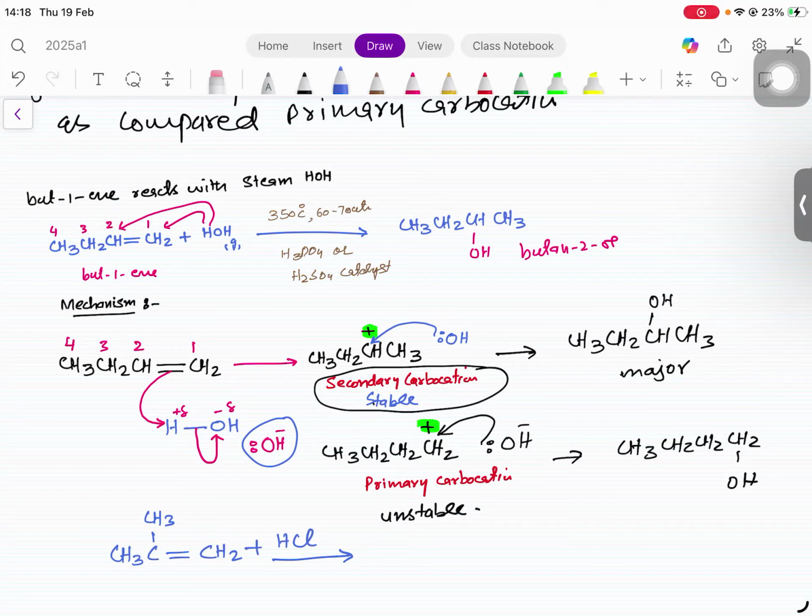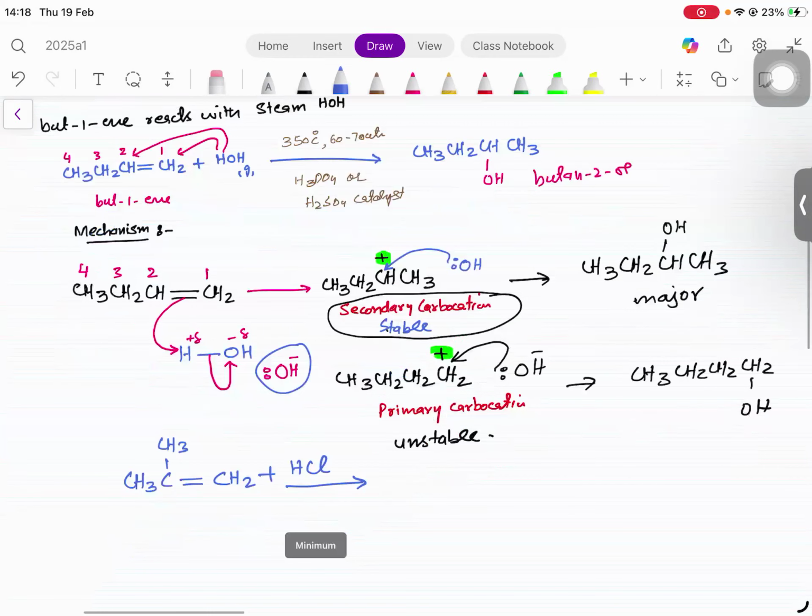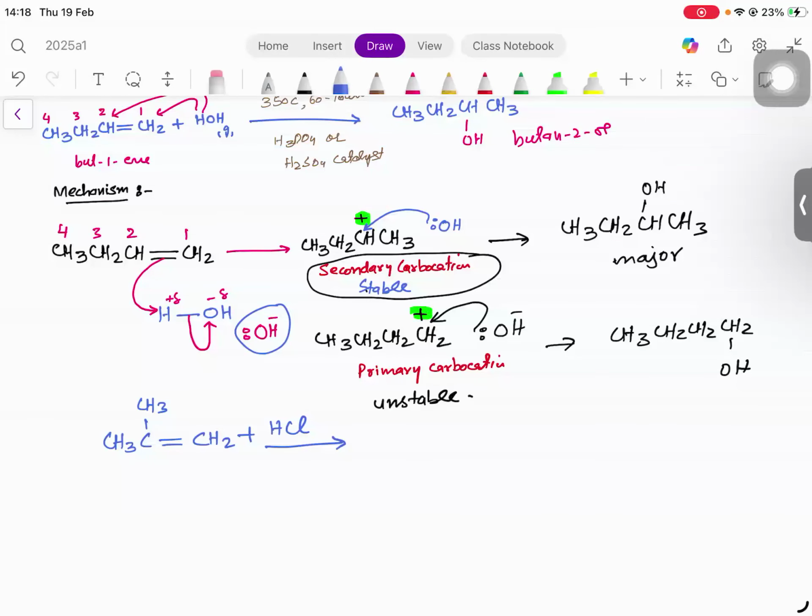Can you please write the products? Should we show the mechanism? Oh, yes. Plus HCl. Is it an unsymmetrical alkene? Then there'll be two products. Yes. And they will follow Markovnikov addition.